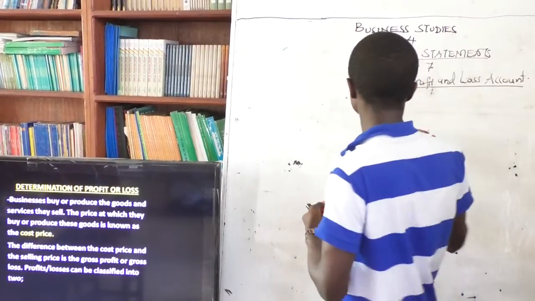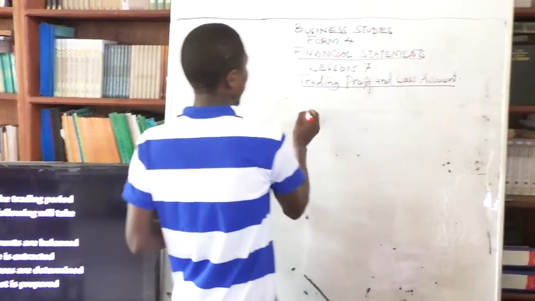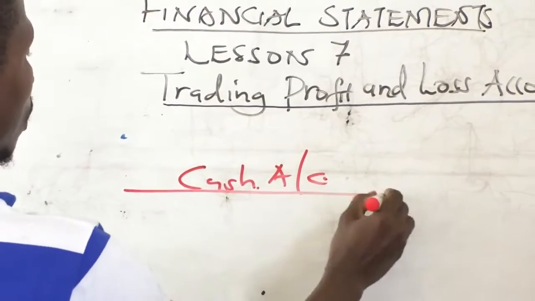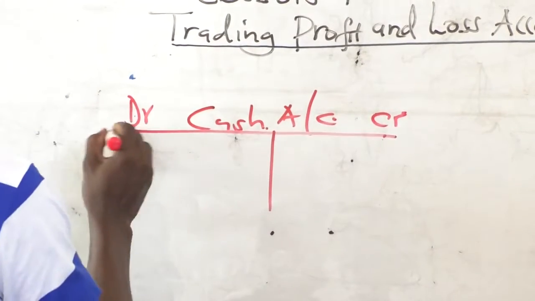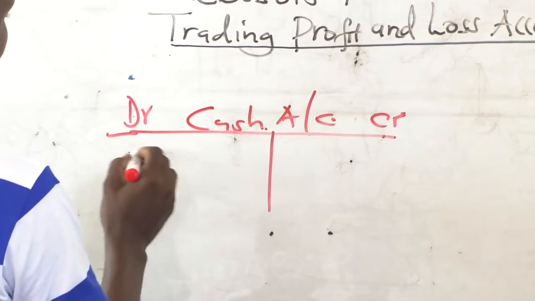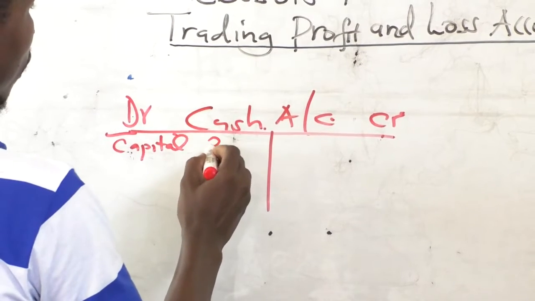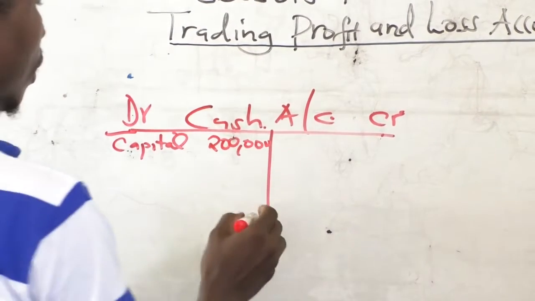For example, let's say we are having a cash account, with debit and credit sides. Let's say here we are having capital of 100,000.